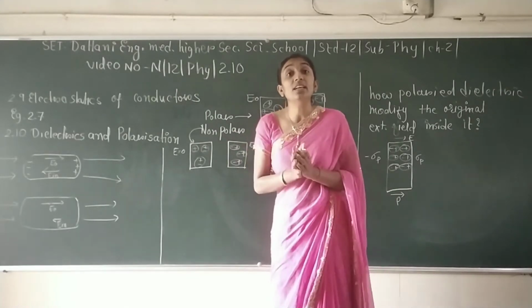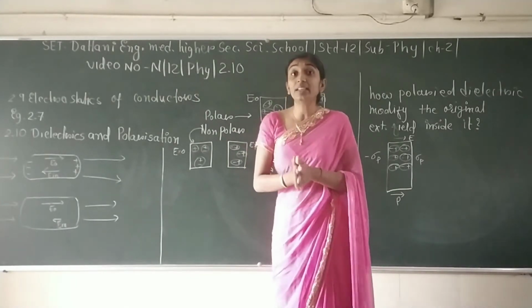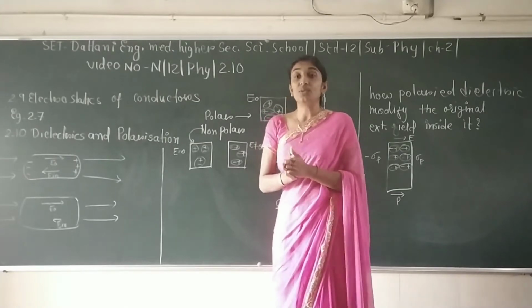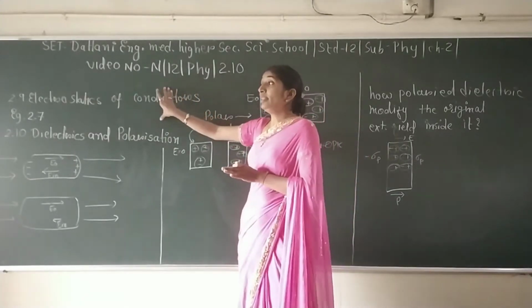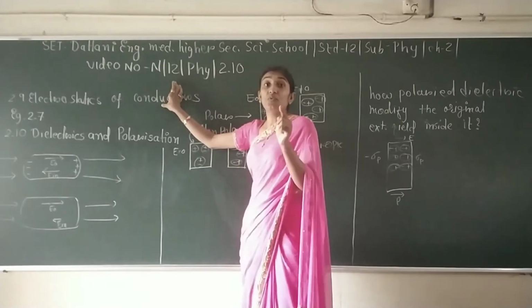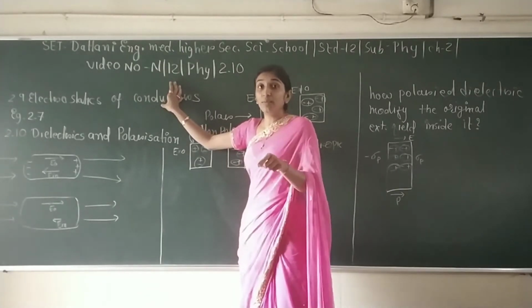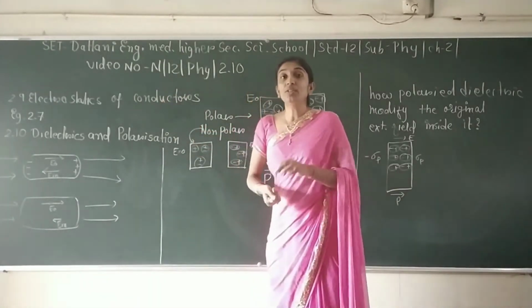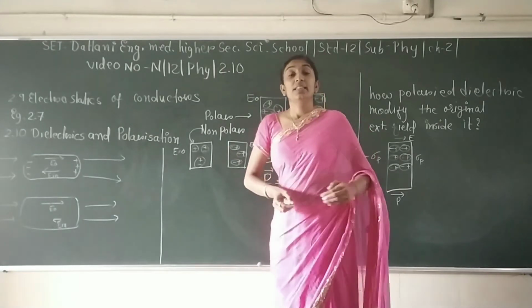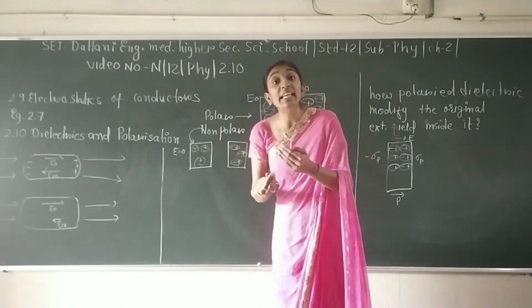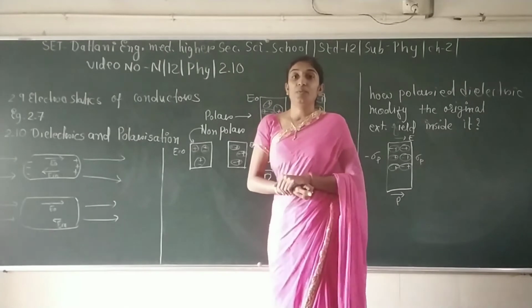Therefore, inside a conductor the electric field is always zero. This is a very important result for AIEEE, JEE or NEET examination, and you should remember that the electric field inside any conductor is zero.